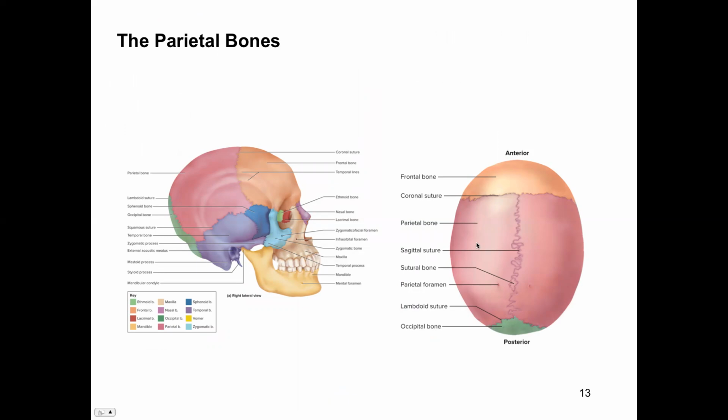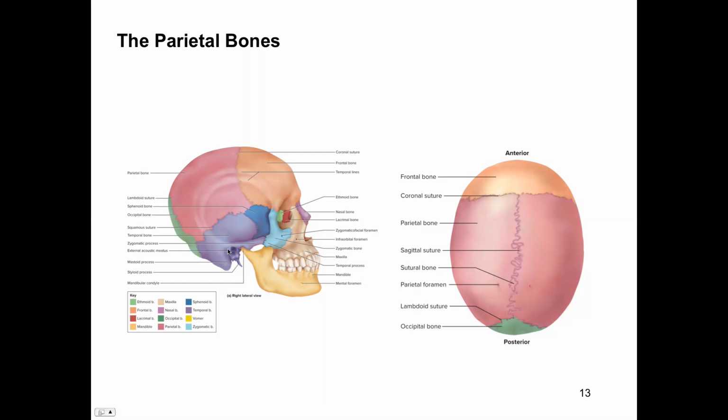Now, what you're gonna start to see are these names of these sutures here. So the sutures are joints between the cranial bones, all right? So you have the coronal suture, you've got the sagittal suture, which is between the 2 parietal bones. You can see the lambdoid suture, which is between the parietal bone and the occipital bones.